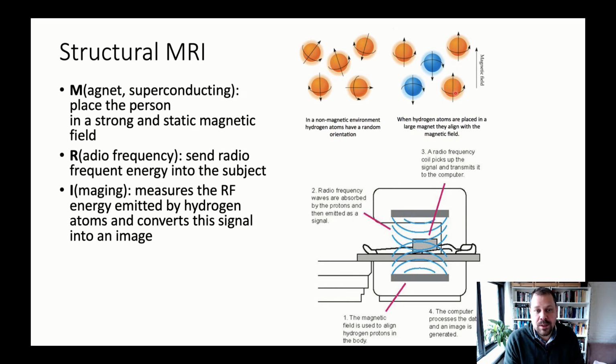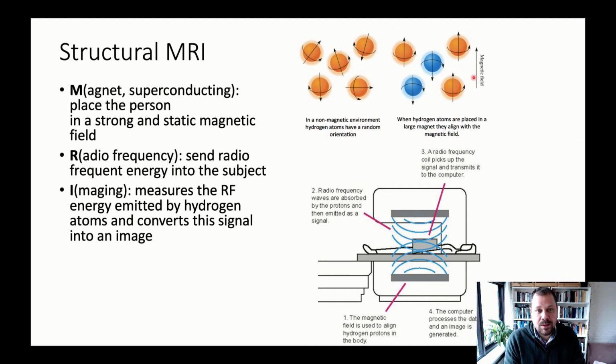Most of them will align in the actual direction, and some of them will align in the opposite direction, so with a 180-degree flip. But they will generally be aligned with the magnetic field, leading to a net magnetization. So the average magnetization of these hydrogen atoms will be parallel to the magnetic field.